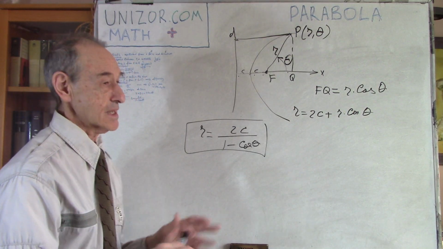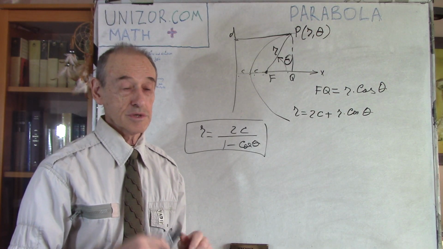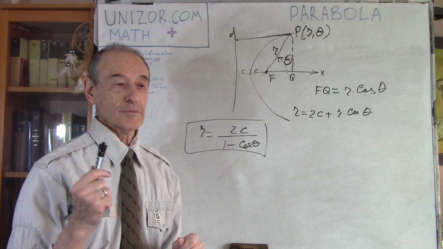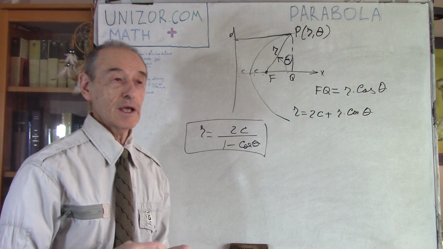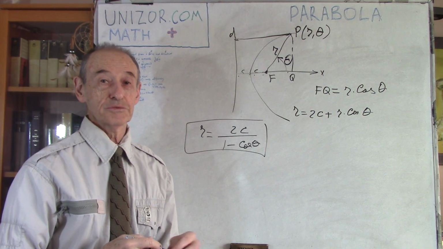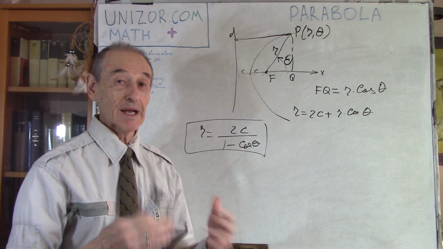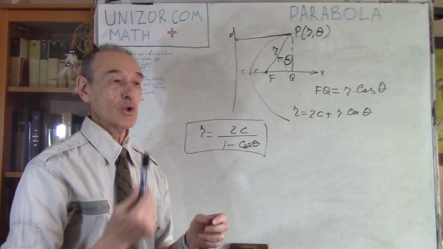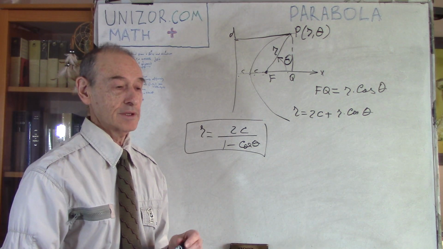Just a side note, we will use it when we talk about it in the course of physics, Physics Plus for all, I think it's called, when we will talk about the gravitational field and the trajectory of some object which comes into the gravitational field of a planet or whatever. It will always be some kind of a curve of the second order. It might be an ellipse if it's relatively close to the planet.